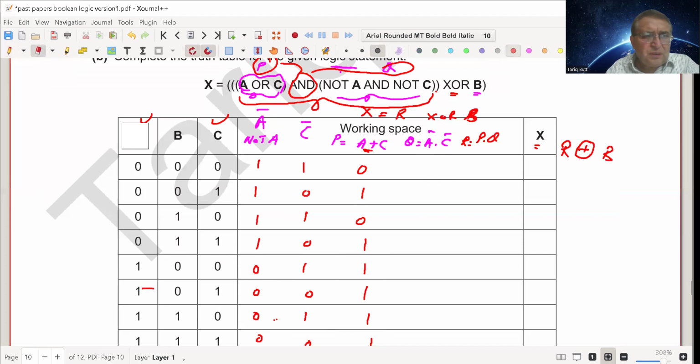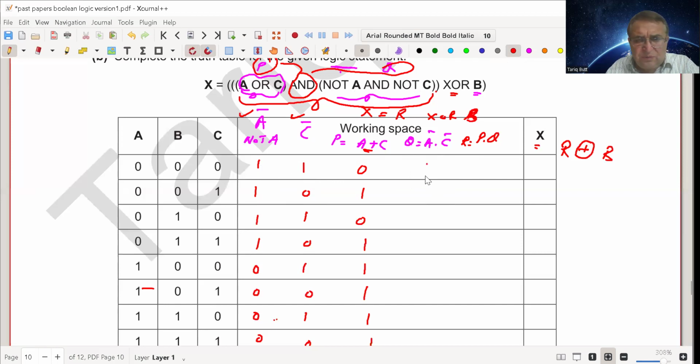Next, Q. So what is Q? That is A prime into C prime. A prime is this column, and C prime is this column. So you have to AND these two columns, A prime and C prime, which is this sub-expression, not of A and not of C. The output of an AND gate is 1 only when both of its inputs are 1.